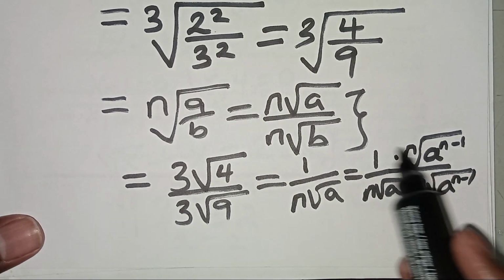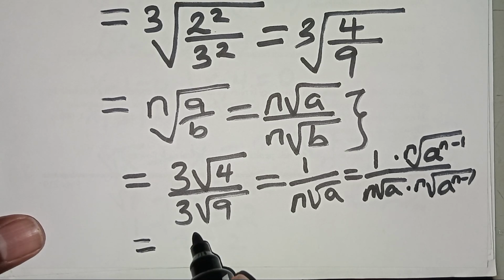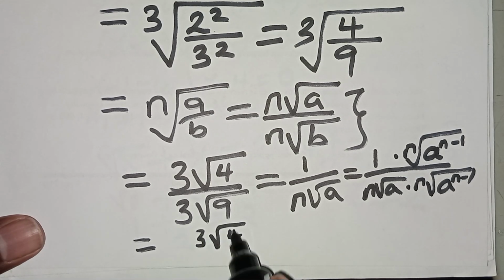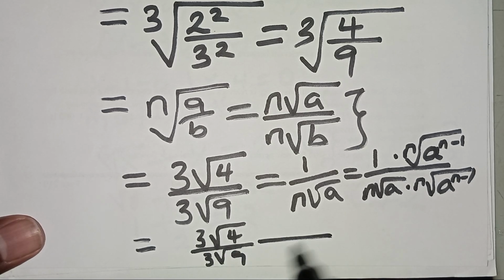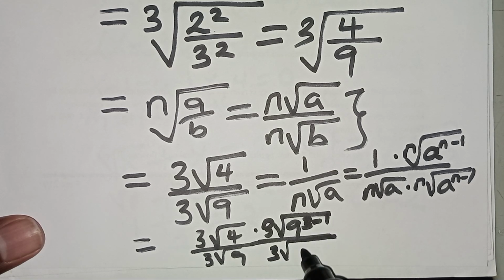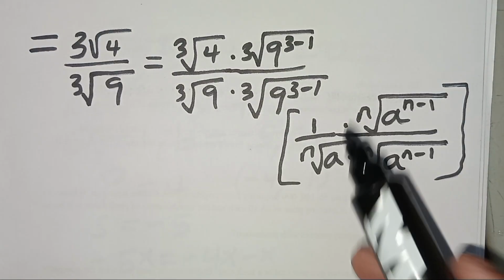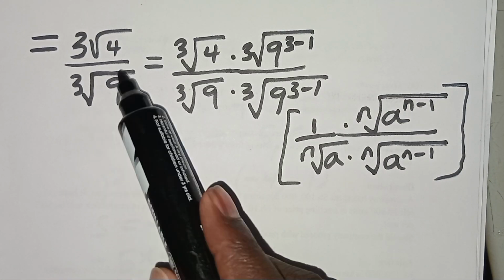Applying this property, we have the cube root of 4 divided by the cube root of 9.